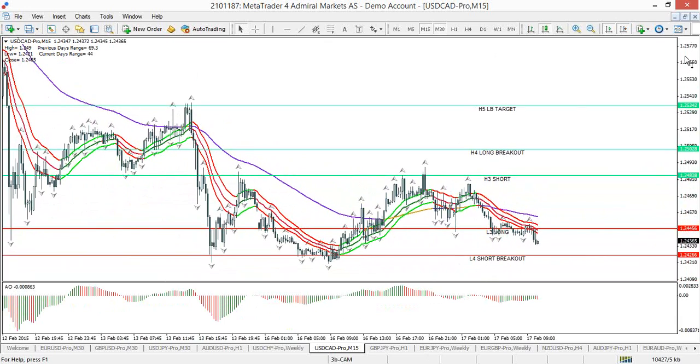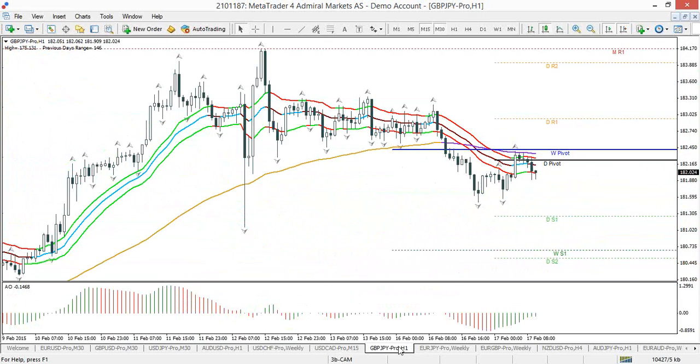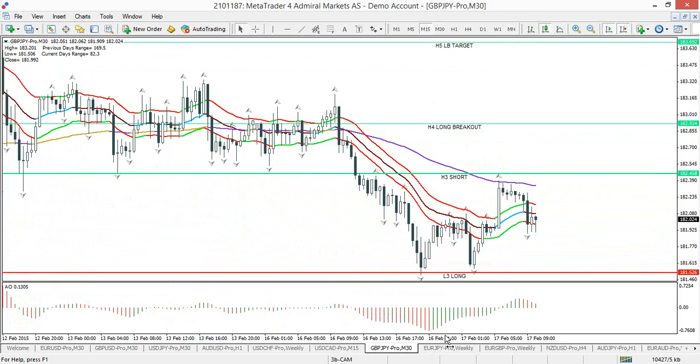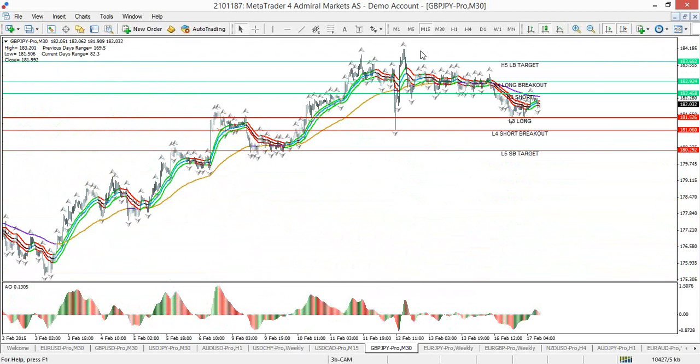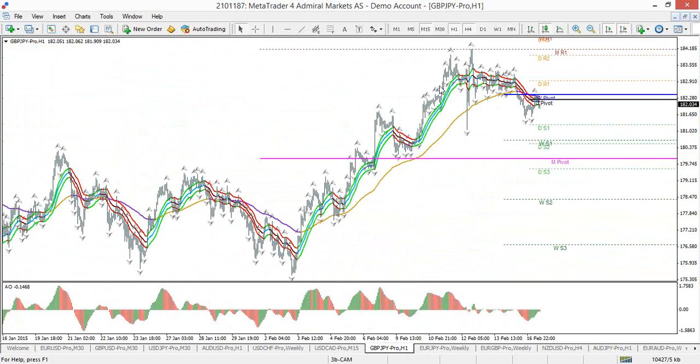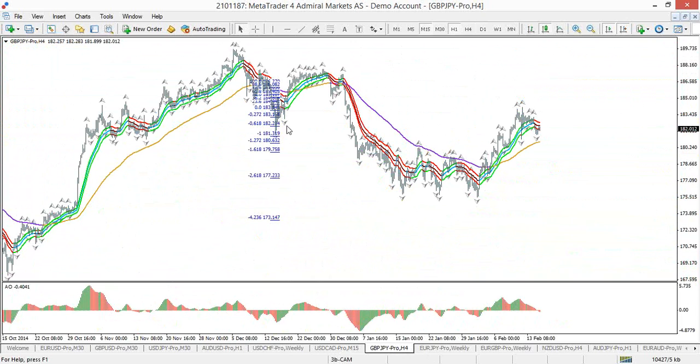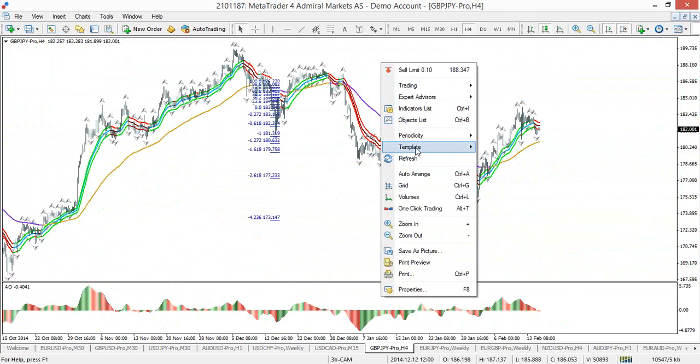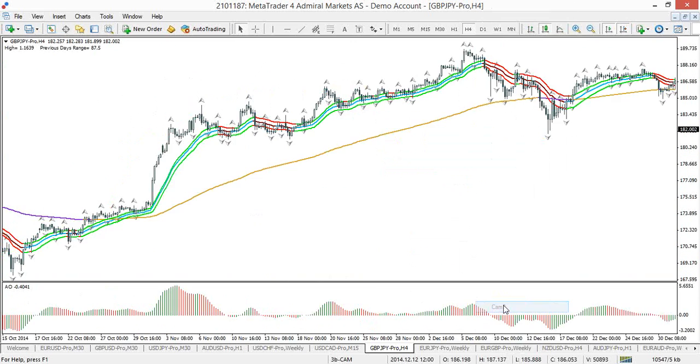Also have a bit my doubts to trade this one, in fact. Let's see if the pound yen is a bit better. Let me get a new template on here.